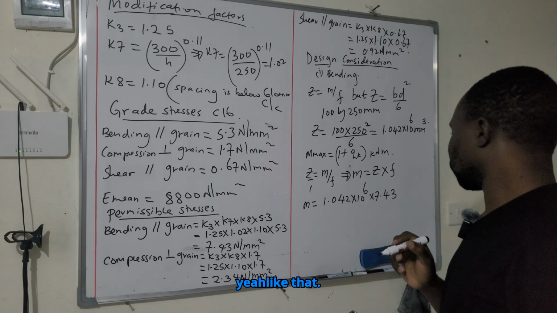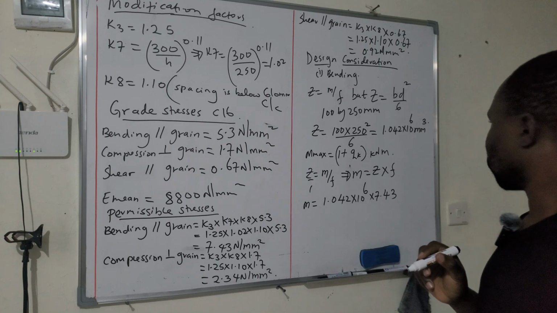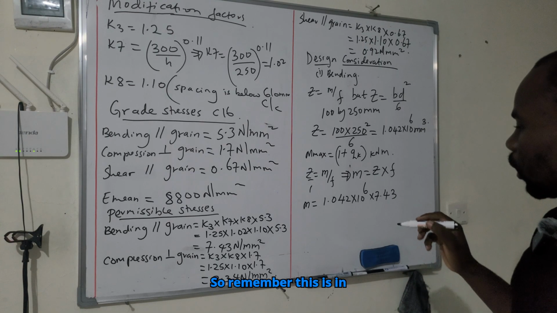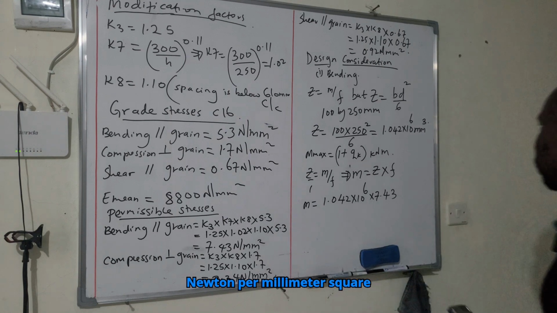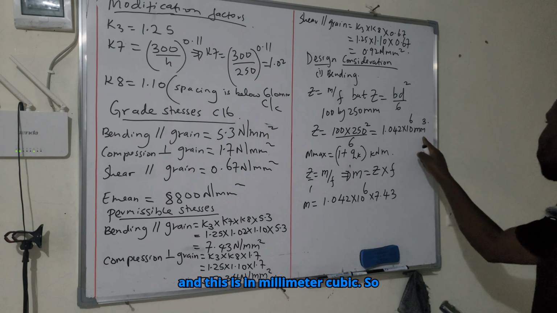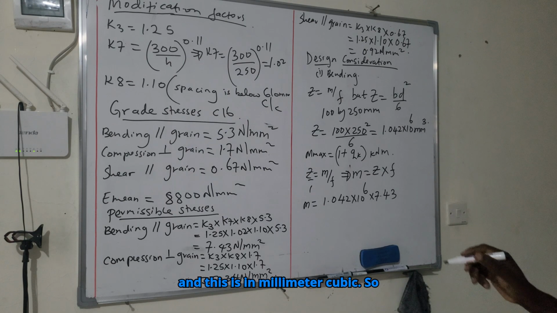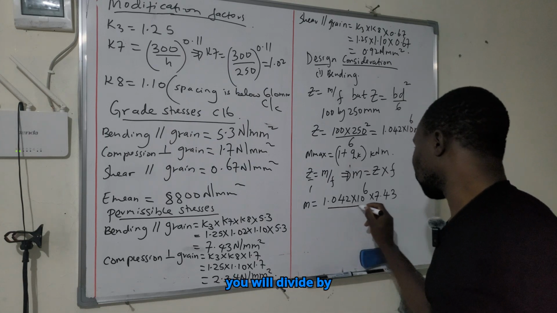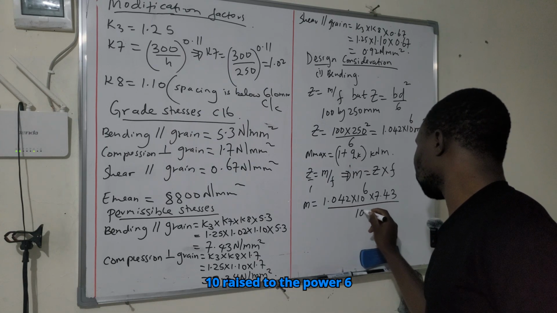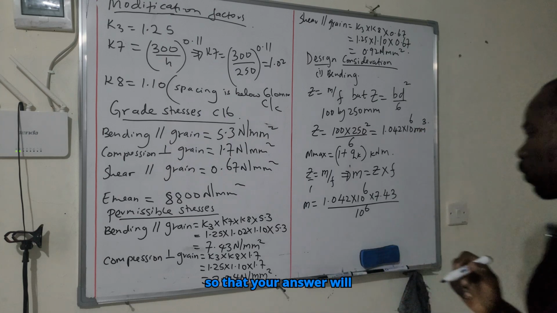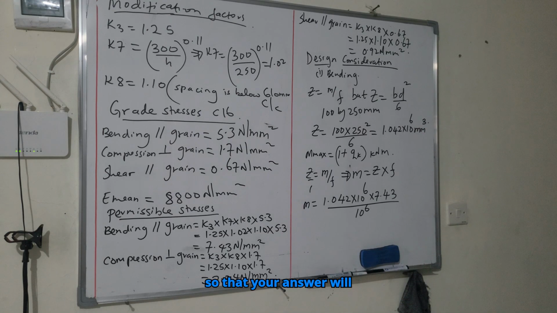Remember, this is in Newton per millimeter square, and this is in millimeter cubed. So you will divide by 10 raised to power 6 so that your answer will be in kilonewton meter.